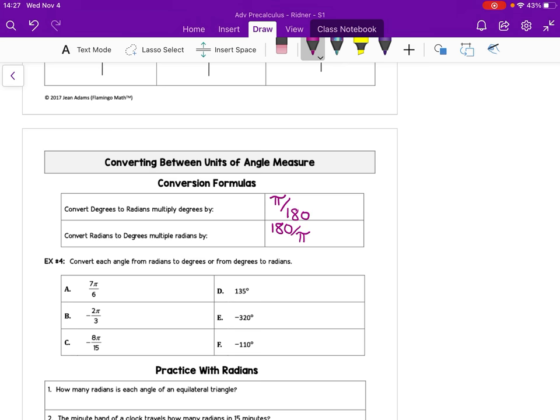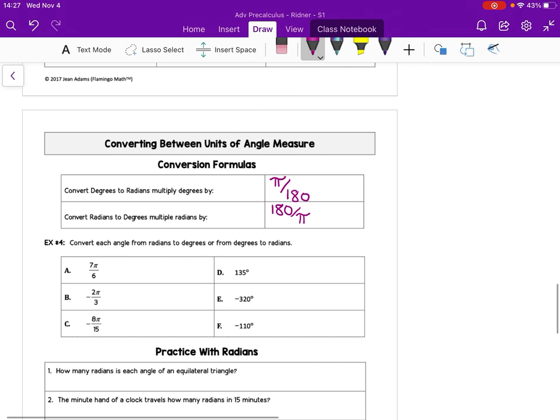Notice the left-hand column in example 4 is all radians. To get to degrees, I'm going to multiply by 180 over pi. We're trying to get degrees, so we want the pi's to cancel out.